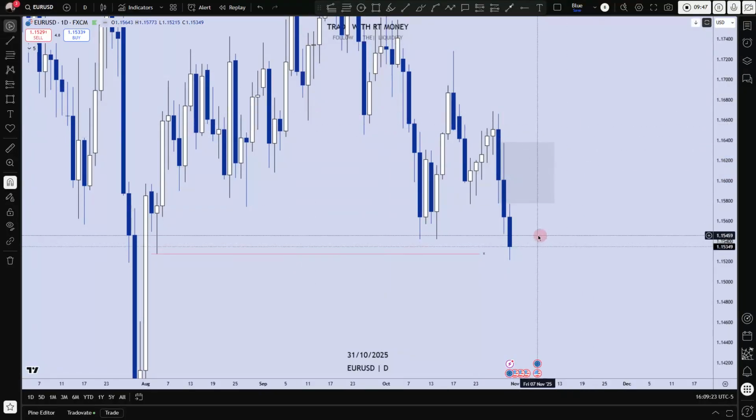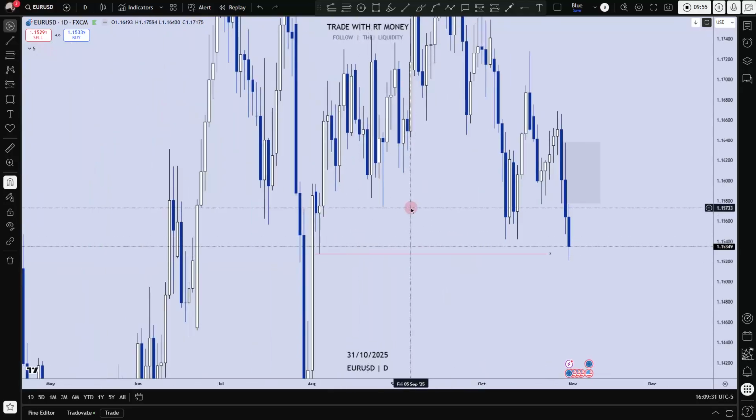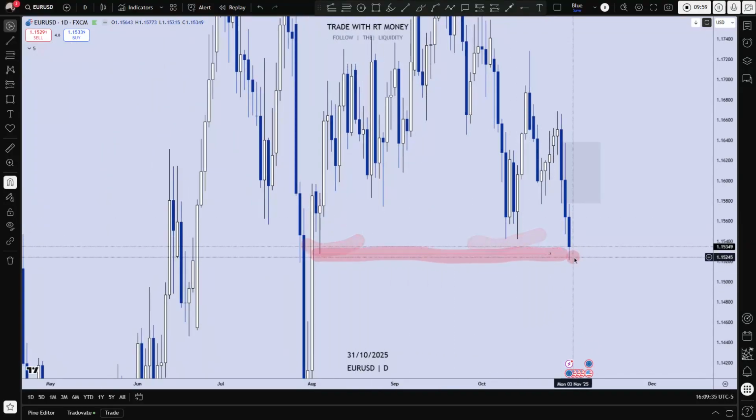Let's see. All right. So there is some space, some daylight. I would like to see price, if it's going to come back, because these are some strong lows for it to take. There's liquidity down here, and I'm looking for a reaction to that liquidity.